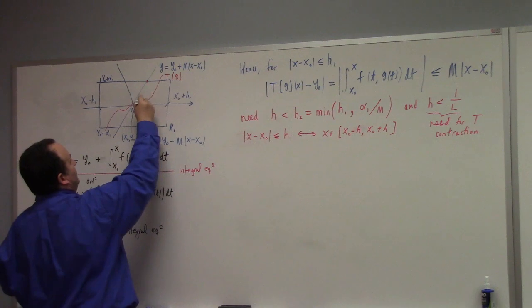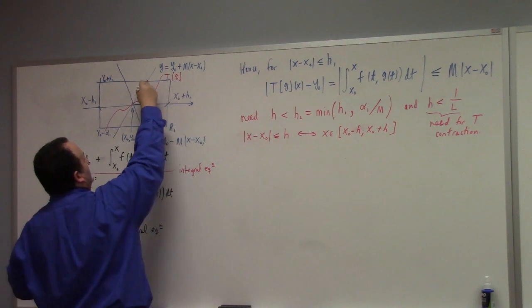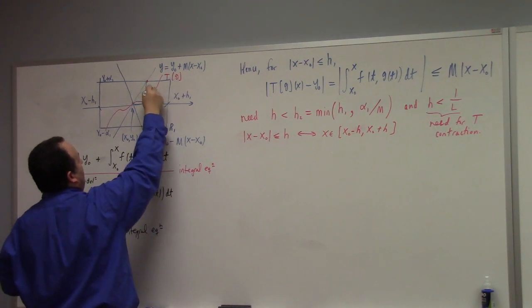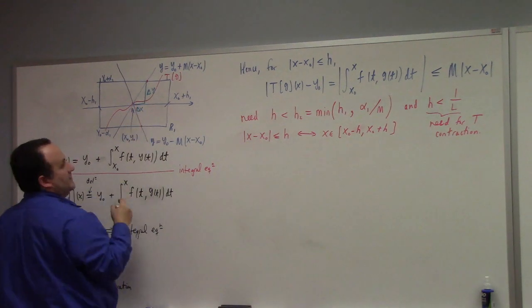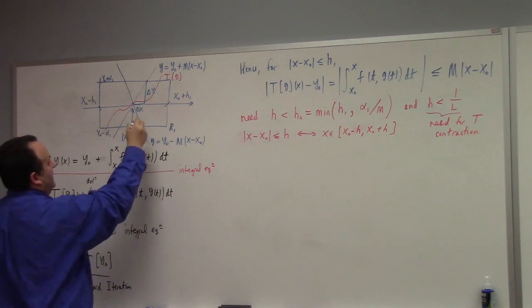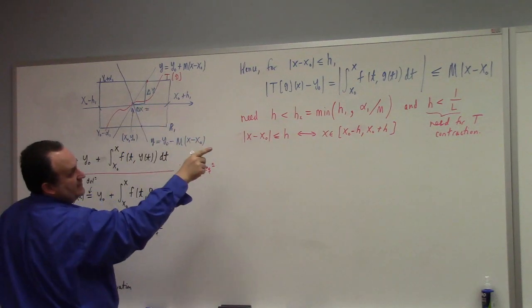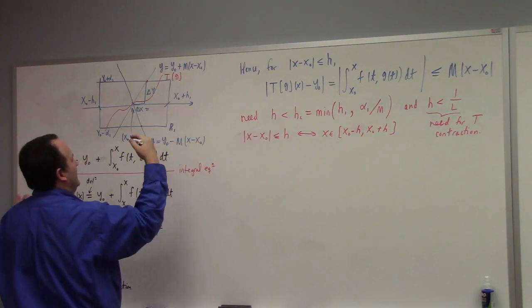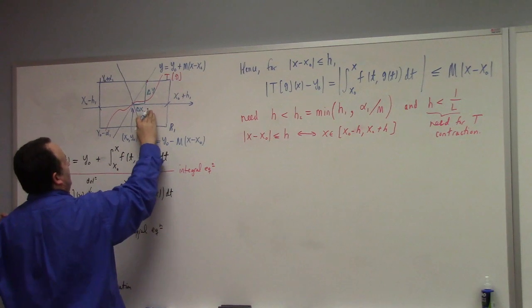We can look at this triangle here. Here's the change in y, here's the change in x. The change in x is what I don't have a name for yet, but that's what I'm interested in.